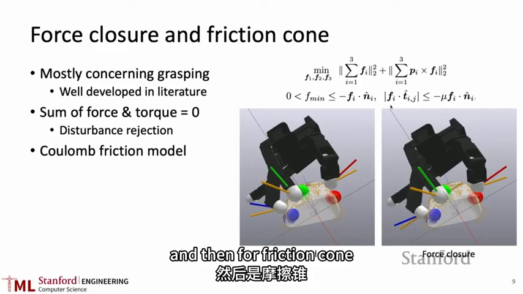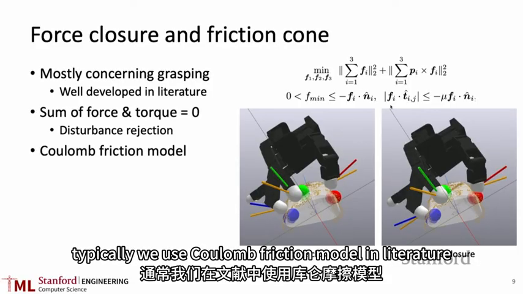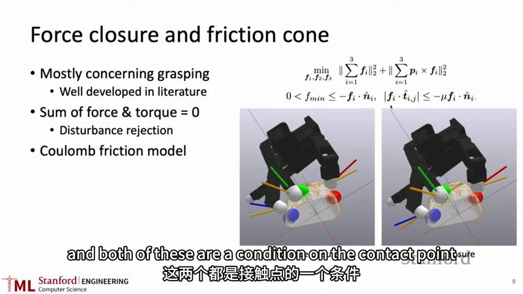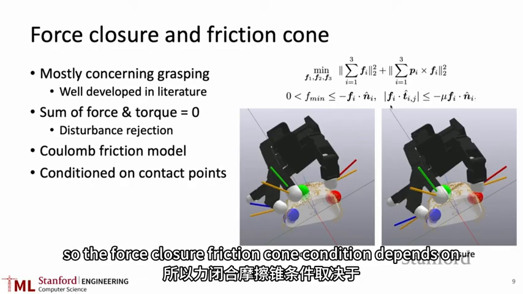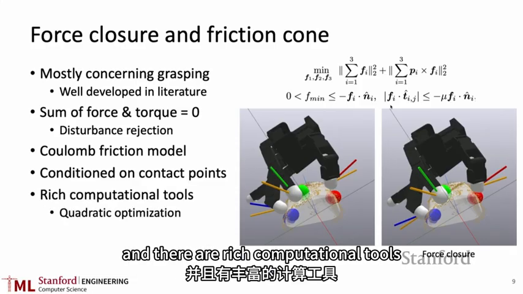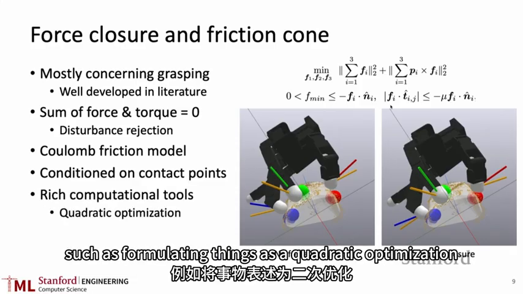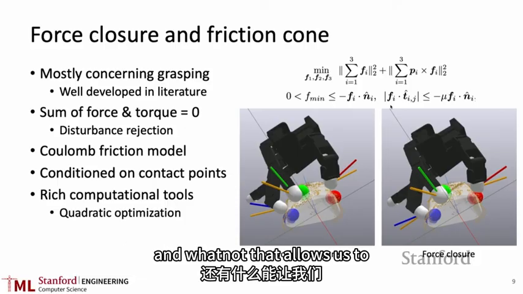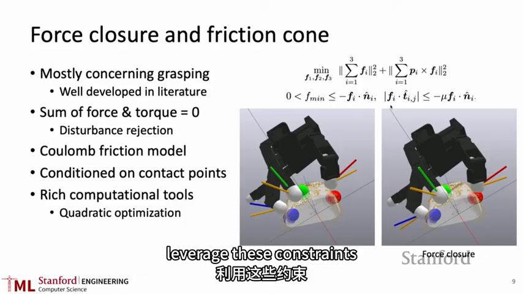For friction cone, typically we use the Coulomb friction model in the literature. Both of these are conditioned on the contact point, so the force closure and friction cone condition depends on how we decide to make contact with the object. There are rich computational tools, such as formulating things as a quadratic optimization, that allow us to leverage these constraints.